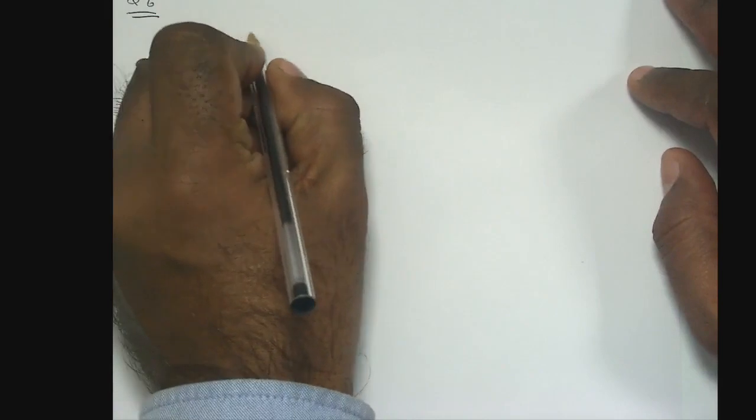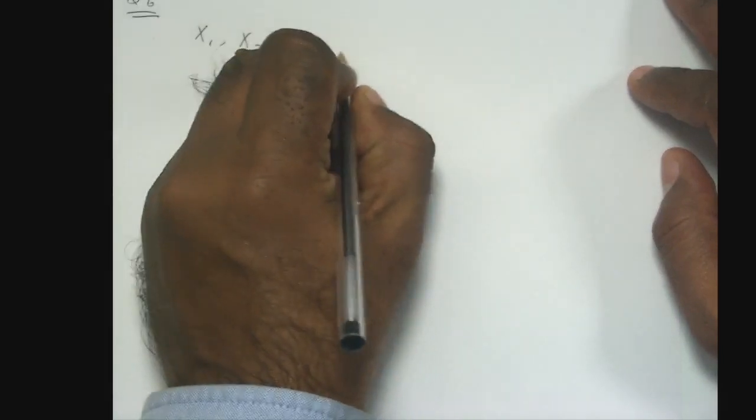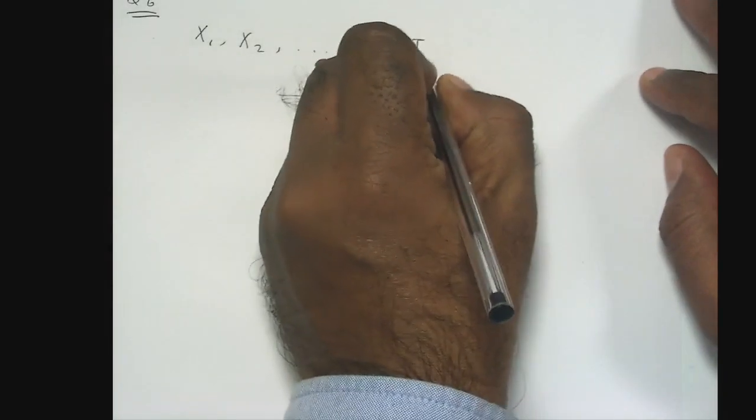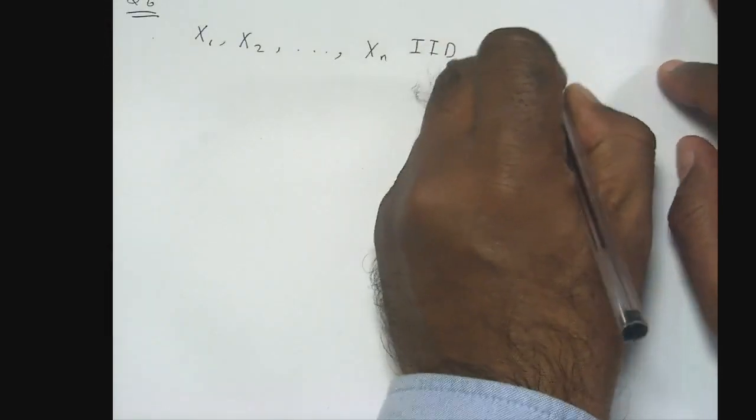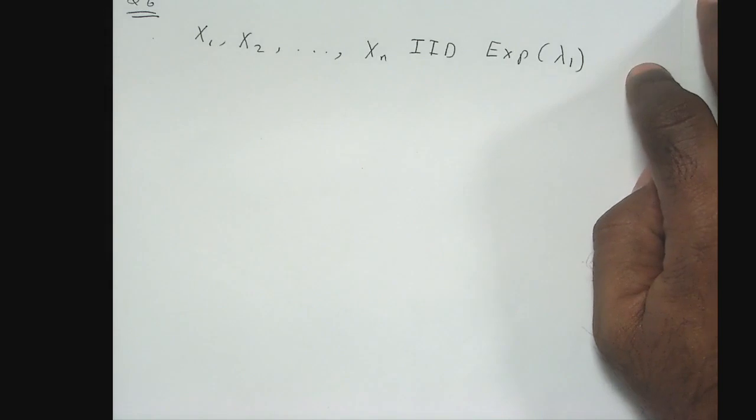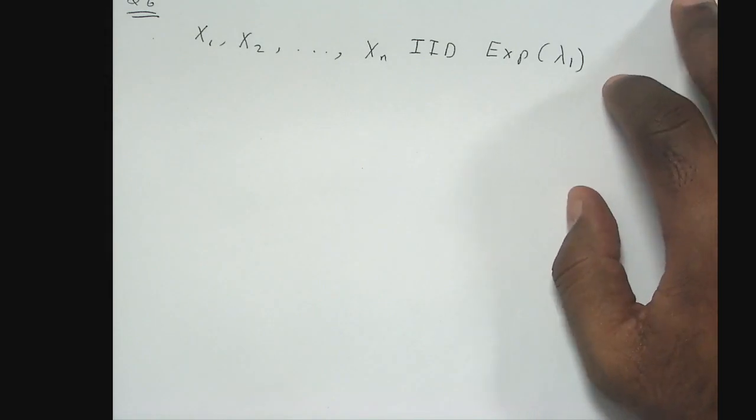You have x1, x2 up to xn IID exponential with parameter lambda 1. Now, I think I did one of the questions in the lectures, if you remember, the MLE for the exponential distribution.